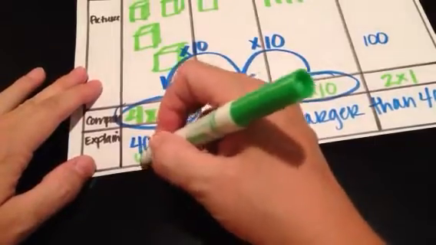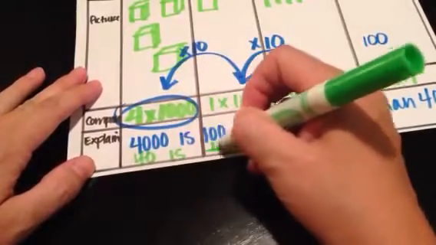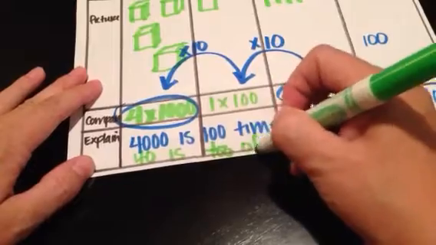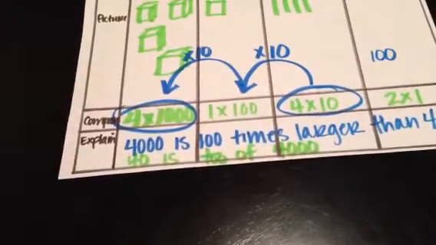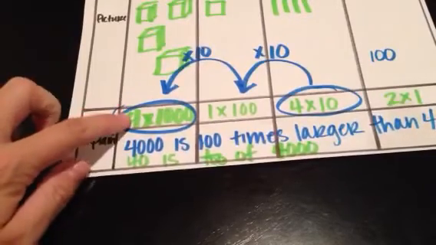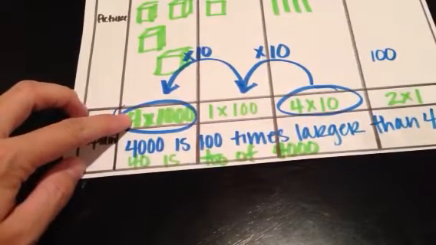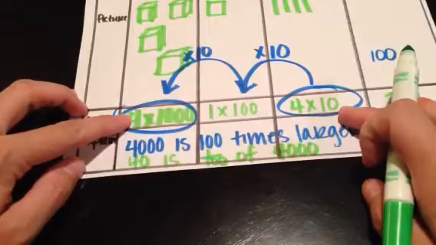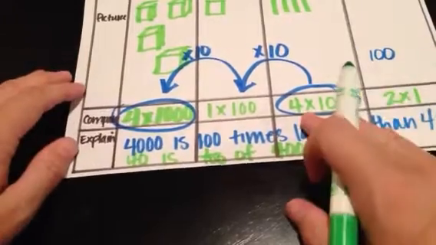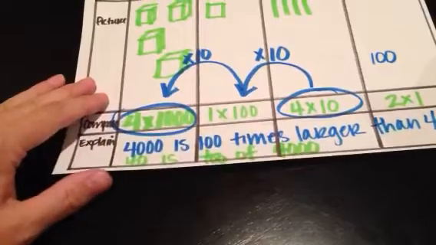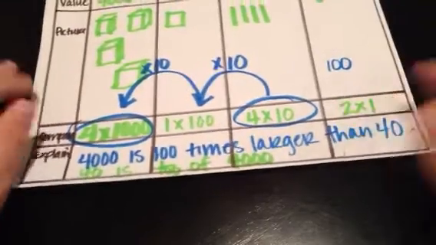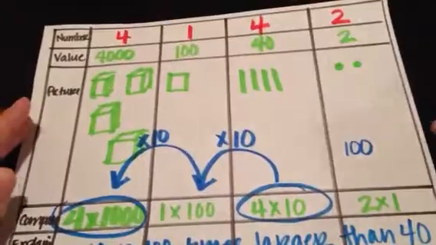They could write 40 is 1/100th of 4,000. They could also compare the digits and tell me the 4 in the thousands place is 100 times larger than the 4 in the tens place. Or the opposite, the 4 in the tens place is 100 times smaller than the 4 in the thousands place. Hopefully this helps with the assignment.